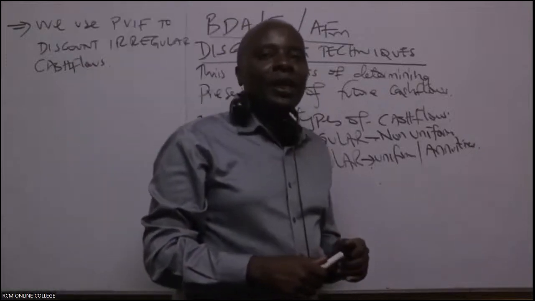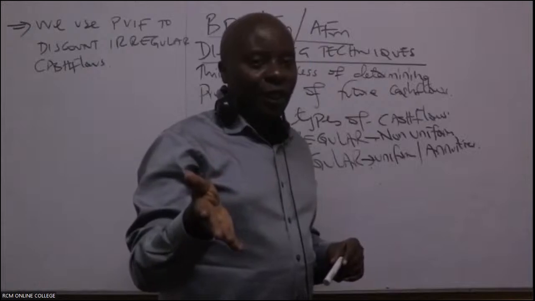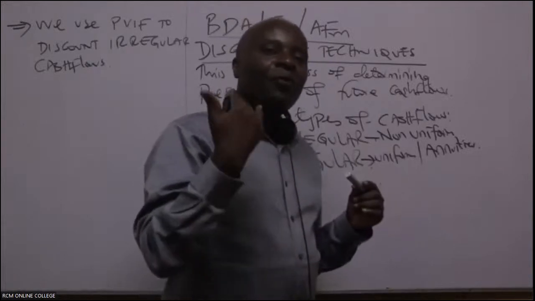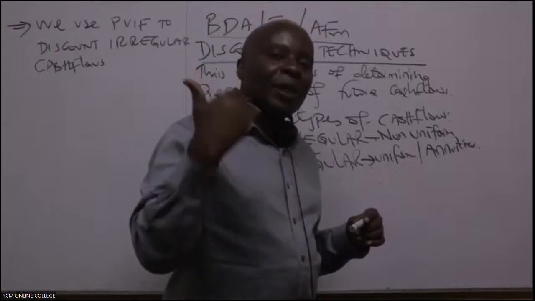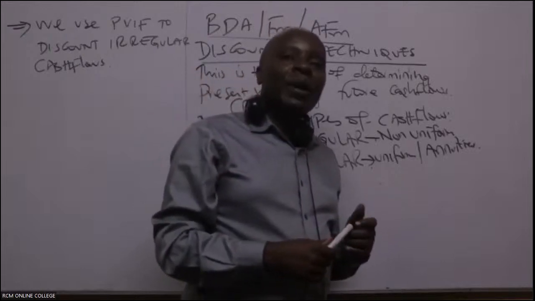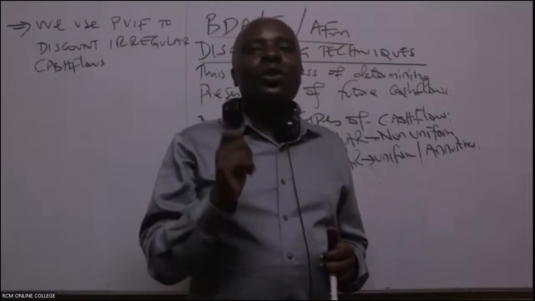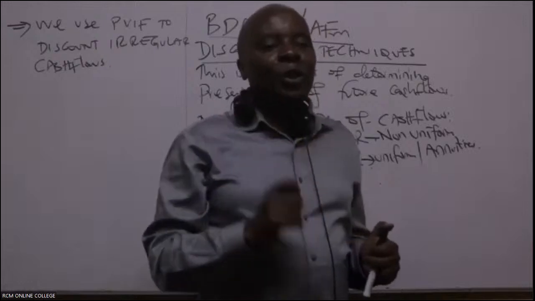Today you are getting 10, tomorrow you get 15, another day you get 20, another day a different value. When values keep on changing like that, then automatically we shall call them irregular, and for irregular we shall be using what we call PVF to discount them.